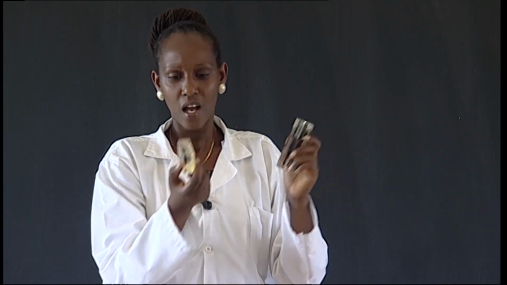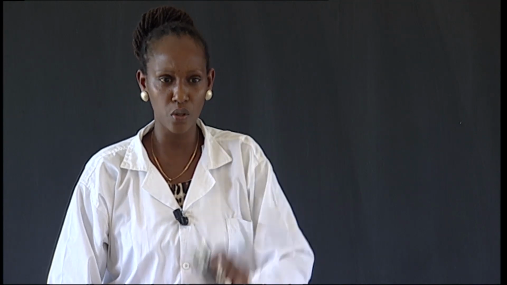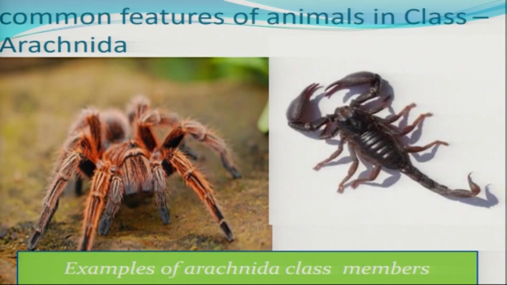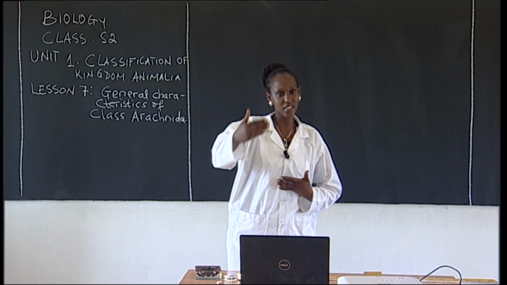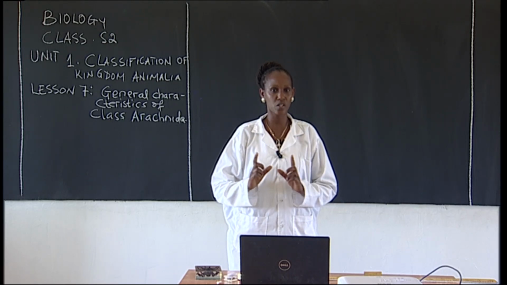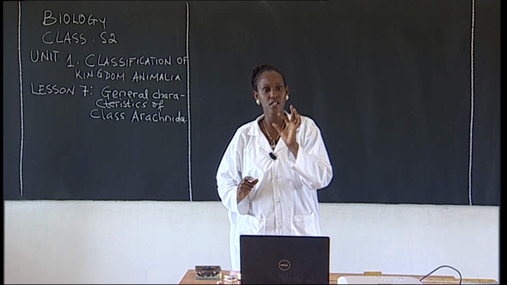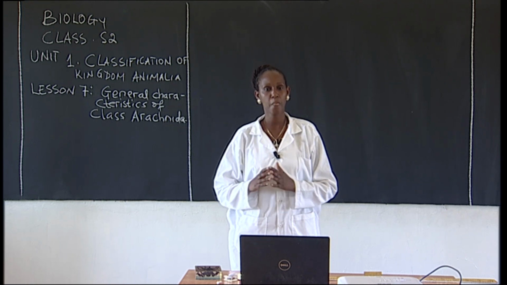Good. Another thing we can look at on the screen, we are still looking at the external features of the pictures we have on the screen. I remind you that when we are classifying these arthropoda, we can also base it on the body parts.